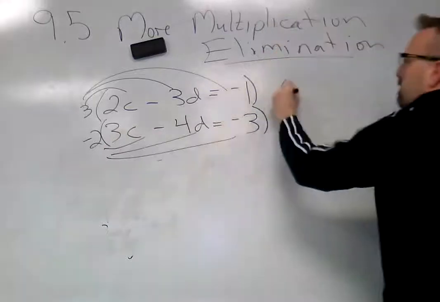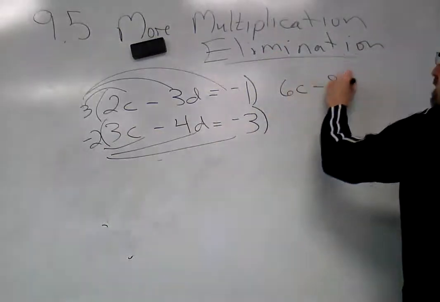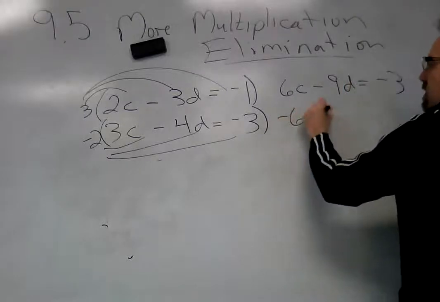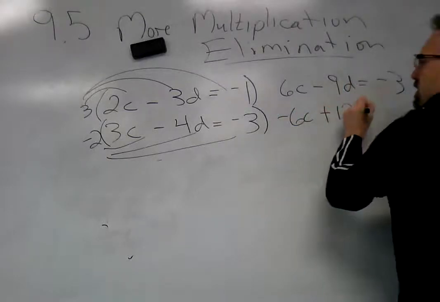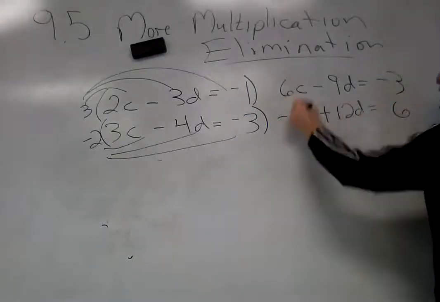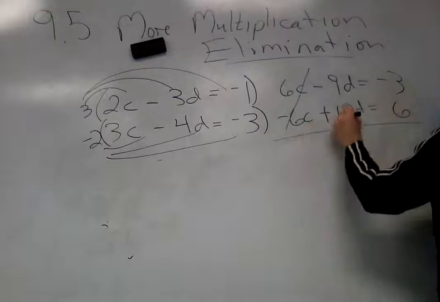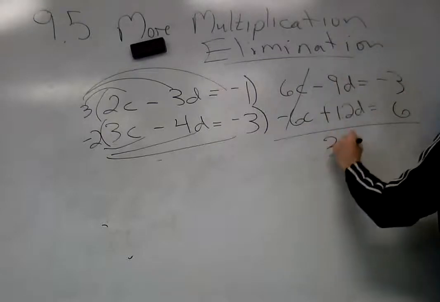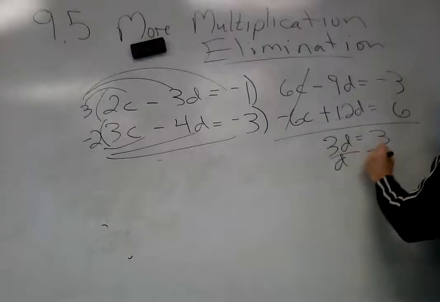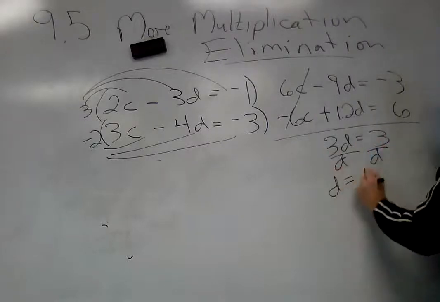So we get 6c minus 9d equals -3. -6c plus 12d equals +6. 6c minus 6c, they cancel. 12 minus 9 is 3d. 6 minus 3 is 3. D equals 1.